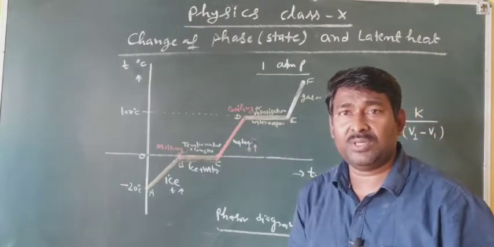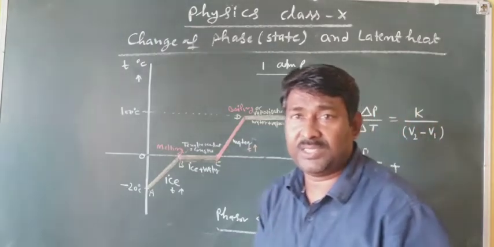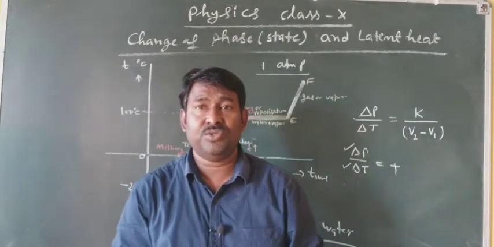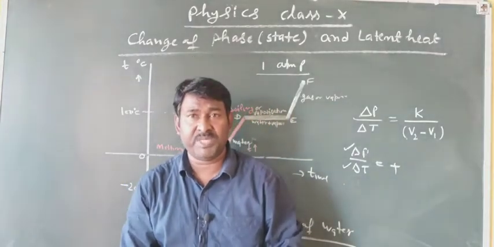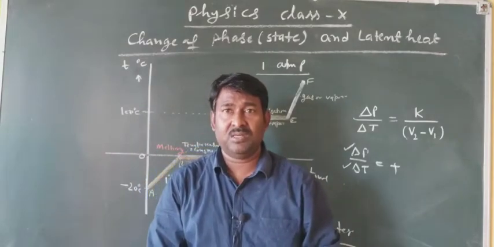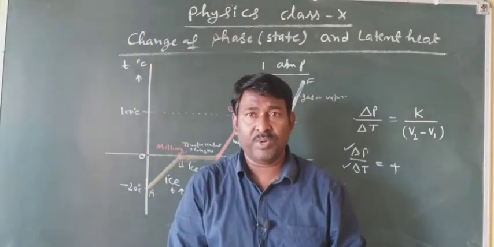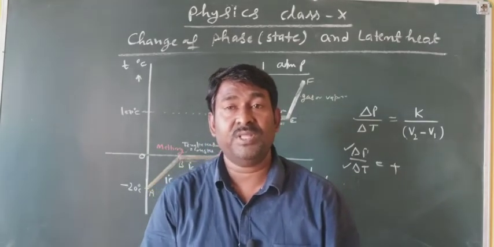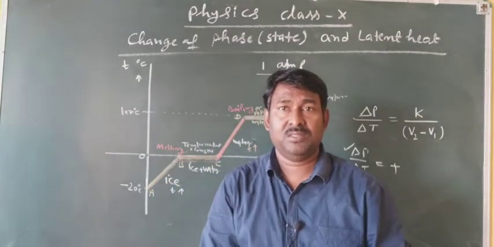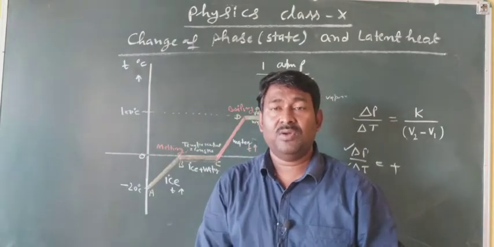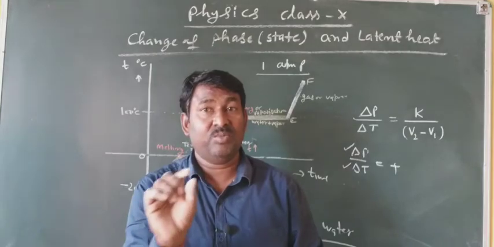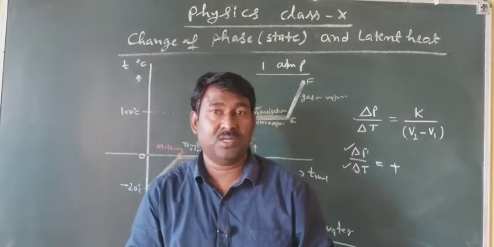But there is an exception in the melting of ice. Since you know that due to anomalous expansion, 1 kg of water has less volume than 1 kg of ice. If 1 kg of ice melts, it will form less volume of 1 kg of water.